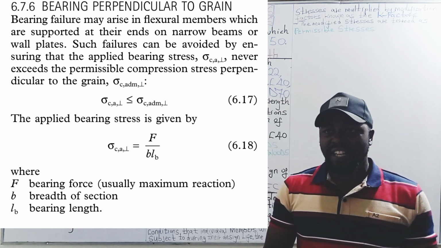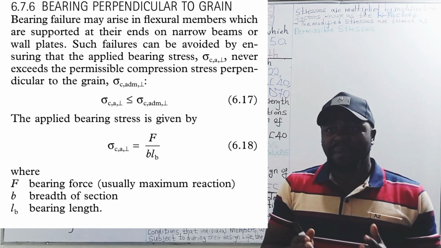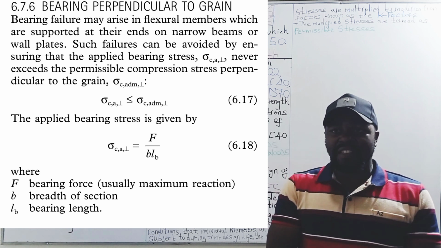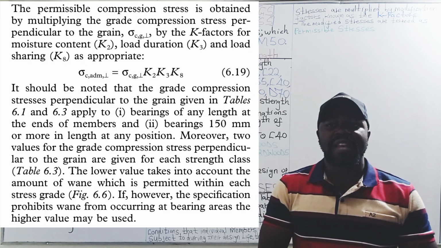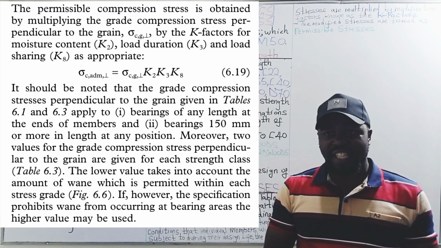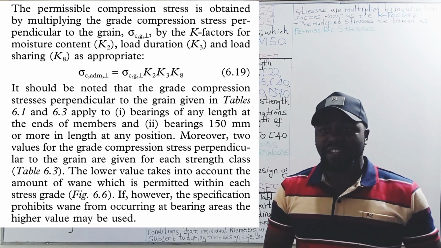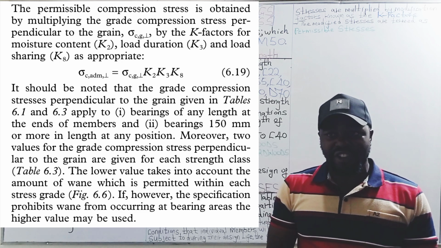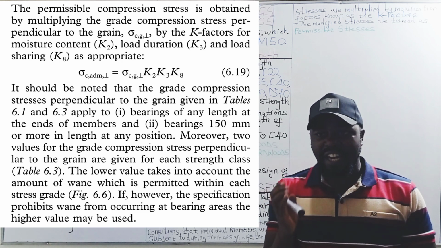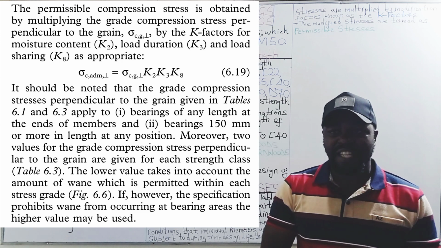The applied bearing stress is given by F, which is the bearing force, divided by B, that is the breadth of the section, times the bearing length, which is LB. The permissible compression stress is obtained by multiplying the grade compression stress perpendicular to the grain by the K factors for moisture content, load duration, and load sharing as appropriate.